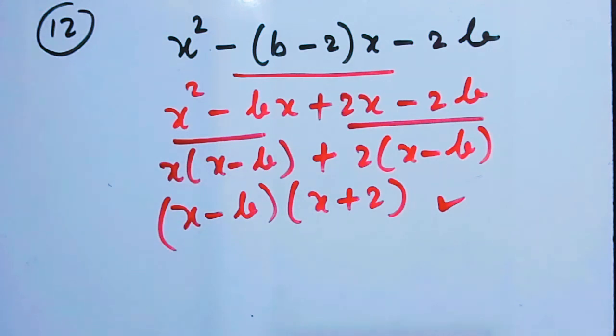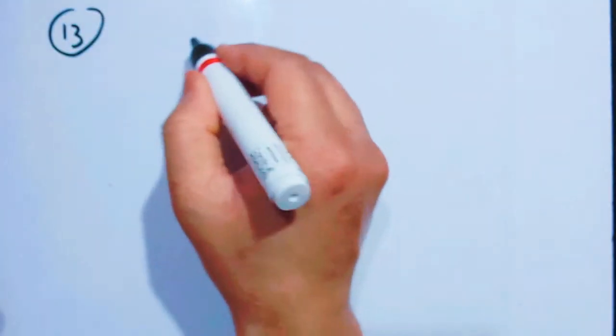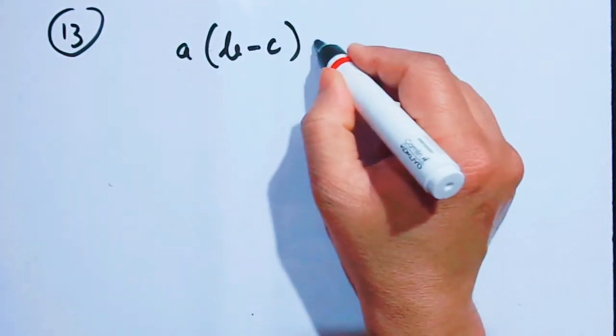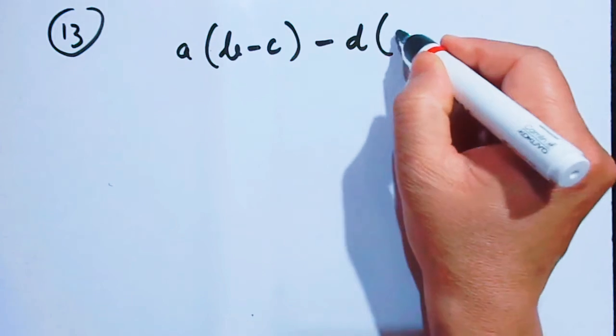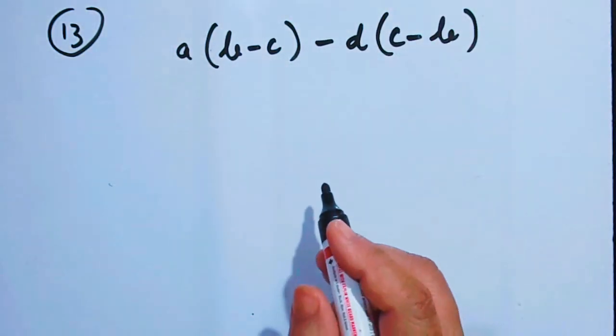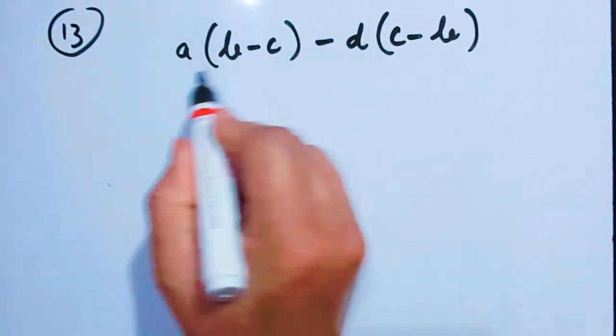Moving on to the next one, that is number 13. I hope 13 will also be of the same type. Okay, 13, ab minus c minus d c minus b. Oh, here what they have done is they have grouped both of them.